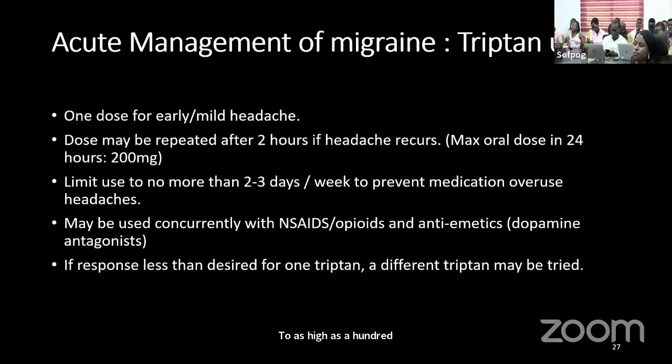This dose can be repeated once at least 2 hours after the initial dose was given. We should not give the medications more than 2 to 3 days a week, to prevent medication overuse headaches.